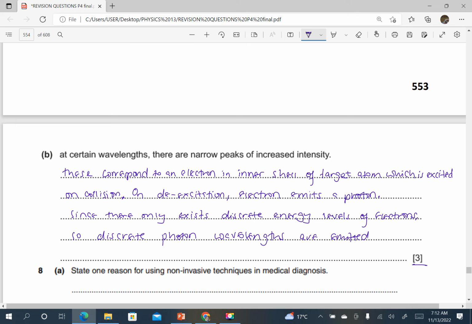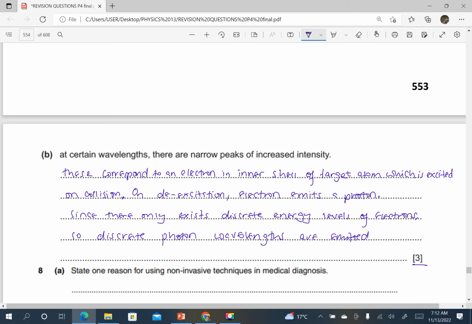In other words, during collision, an electron is promoted from one energy level to another energy level. Remember, the energy which is absorbed is equivalent to the difference between 2 different energy levels, because electrons only occupy specific energy levels in atoms.